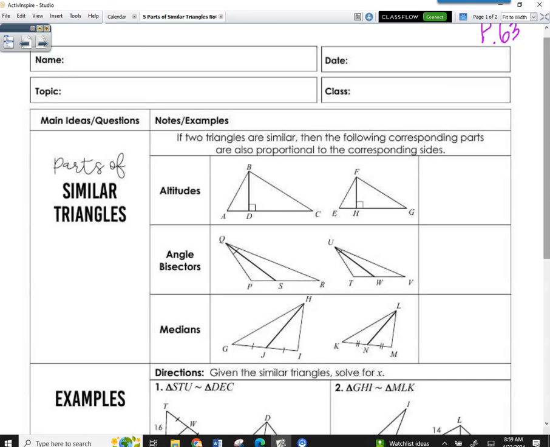Can you tell me in the real world where you've heard altitude before? If you're on a plane, the pilot will always say we've reached the cruising altitude of 32,000 feet, which is not what you want to hear if you're afraid of heights, right?